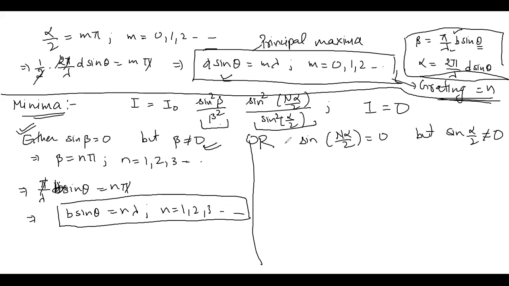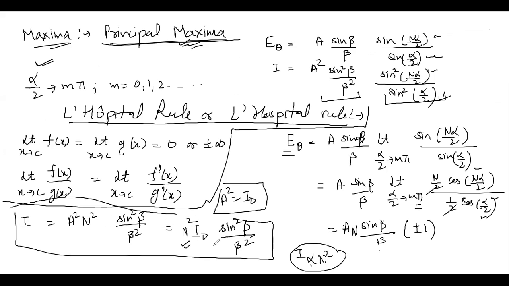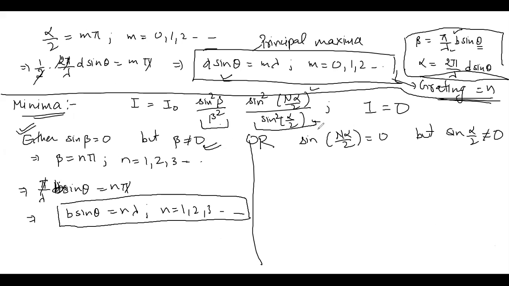Because if both of these are 0, that condition we have already discussed in the principal maxima. Now you would like only your numerator to be 0 but your denominator should not be 0 simultaneously, which would mean that your N alpha by 2 is equal to, I have already used m and small n, so let's call this p pi, and your p cannot be equal to 0, it cannot be equal to N, it cannot be equal to 2N, 3N and so on.